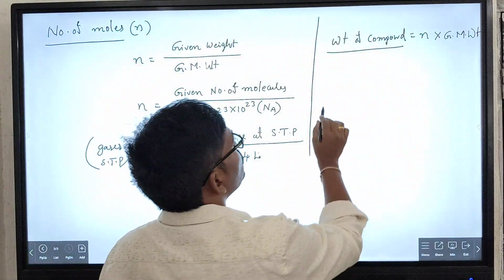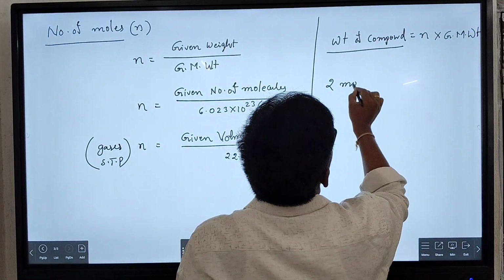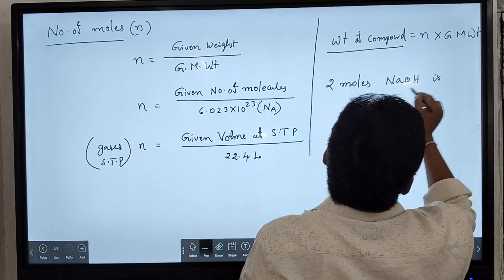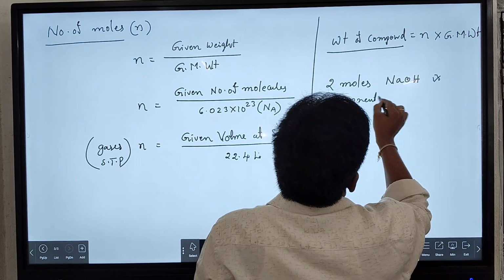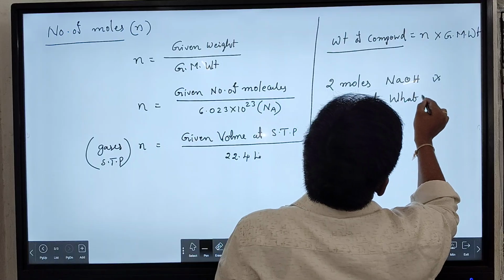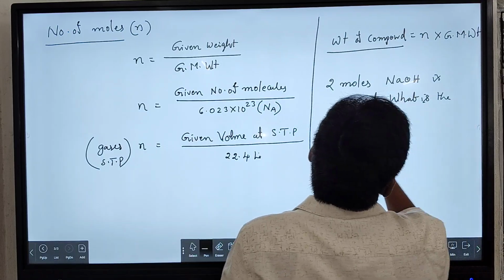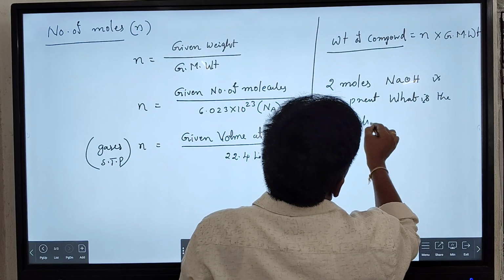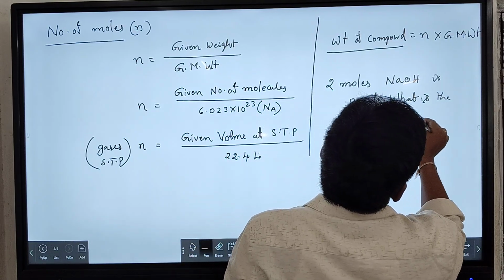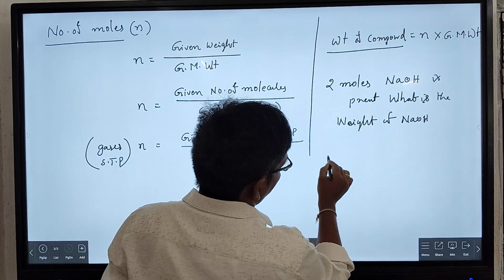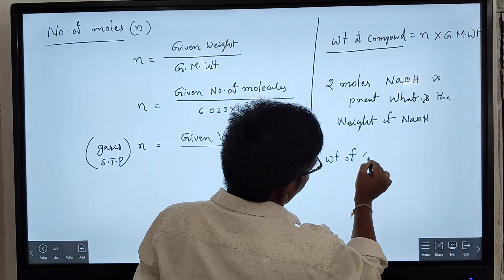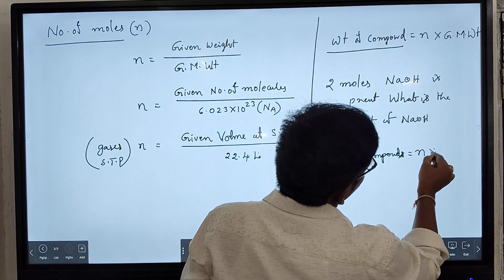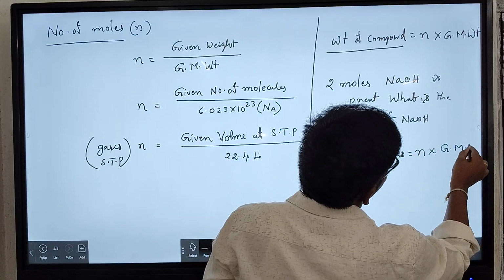For example, 2 moles of NaOH is present. Sir, what is the weight of 2 moles of NaOH? You have to find out the NaOH weight. So the weight of the compound is equal to number of moles into gram molecular weight.